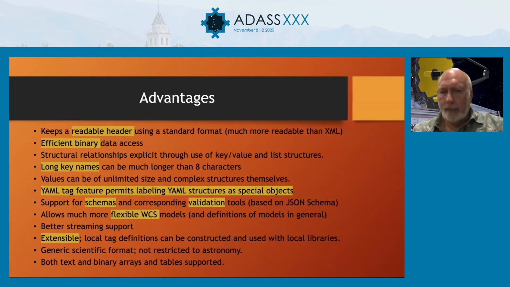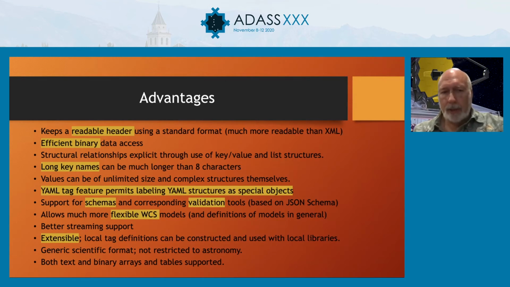The other aspect of it, this is a part of the extensibility I'll talk about a little bit later, is that it supports schemas. It's layered on JSON schema. And so you can validate the files if you have a very specific requirement for them. It allows for extremely flexible WCS models and models in general. It's extensible.